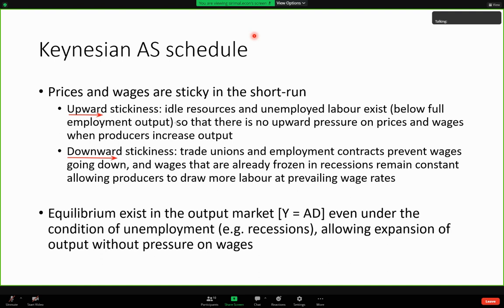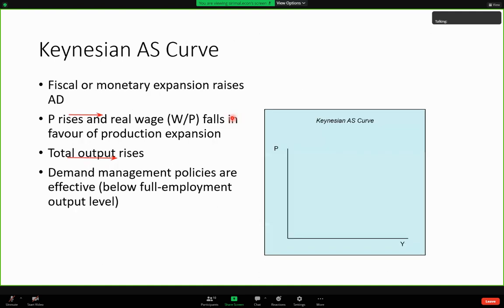Keynesian AS schedule. Therefore, under this assumption, when there is an increase in aggregate demand, we know aggregate demand would rise due to government policies, fiscal or monetary expansion, leading to high aggregate demand.